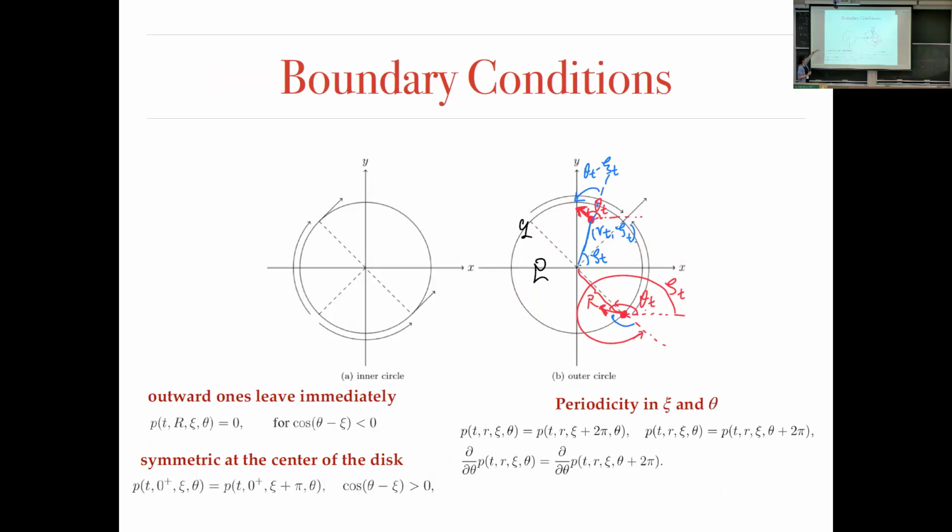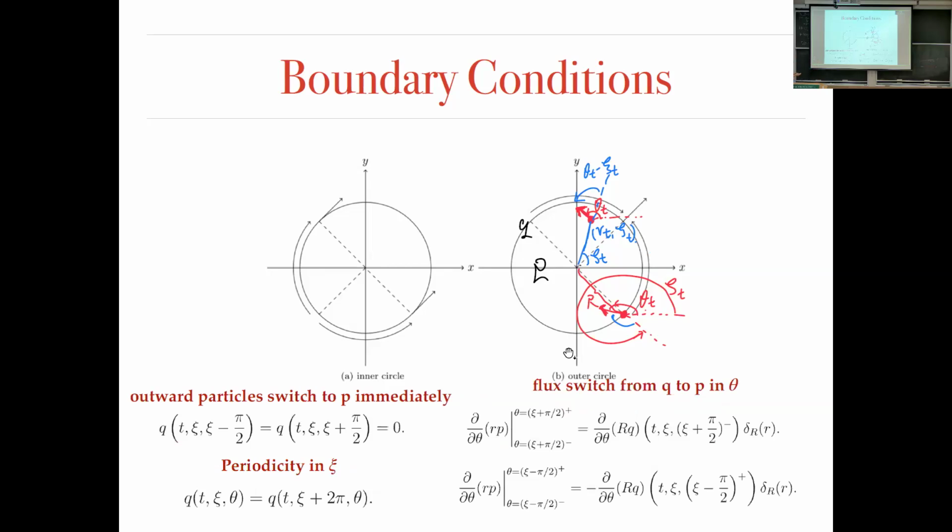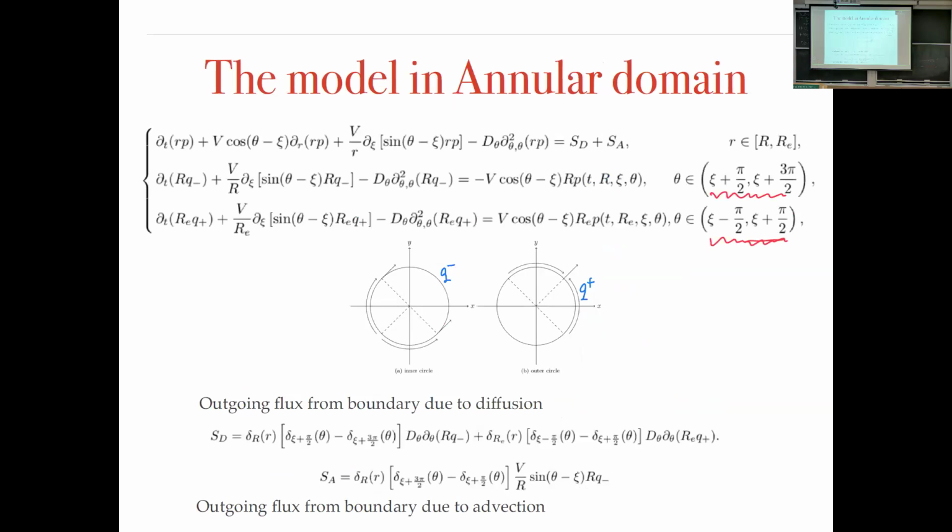You need to consider those outward ones. Outward ones would leave the boundary immediately. We will have periodicity in your C and theta variables. All those things we can write down as the details of the boundary conditions for the Fokker-Planck equation.